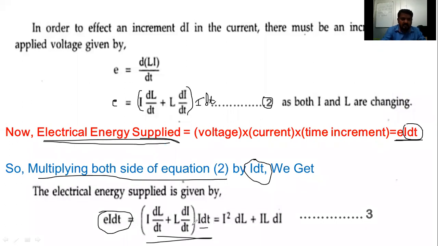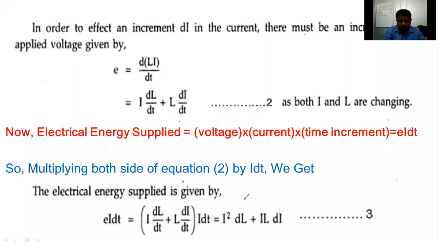Okay, we'll start the multiplication now. Here I is there, and here also I is there, so it will become I squared. Sorry, it is not a dL actually; here one more equation.